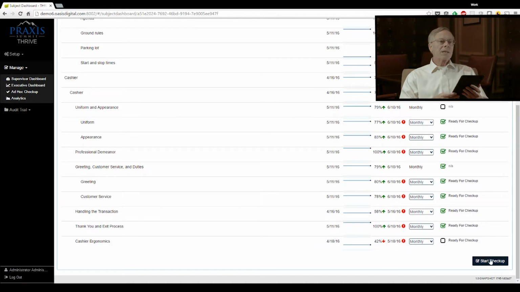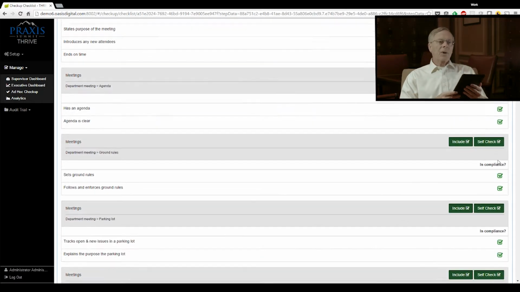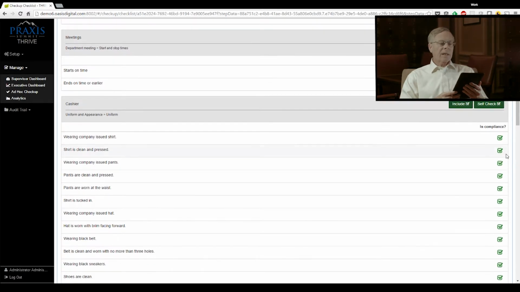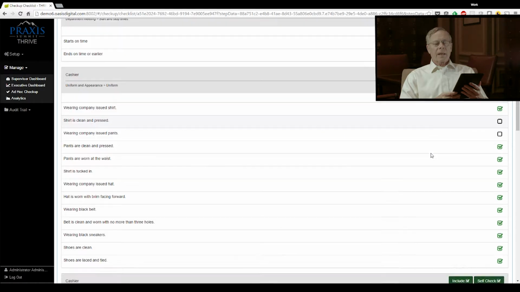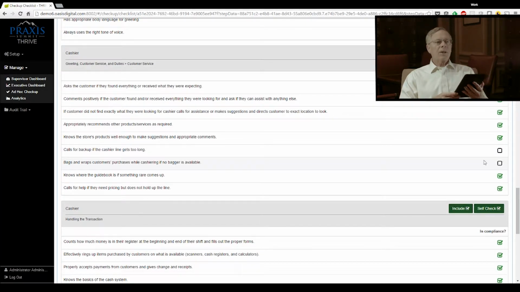Another part of the process which is important for the learning is what we call the self-checkup. This doesn't have to be done, but it's an important aspect in the beginning process of learning. Typically, the supervisor would watch the work being done, complete the checkup.